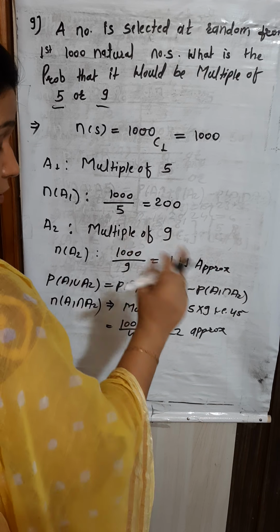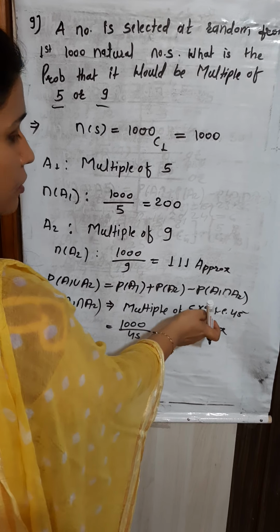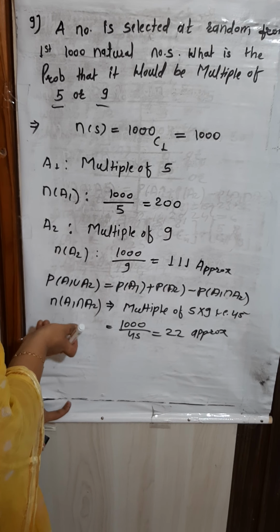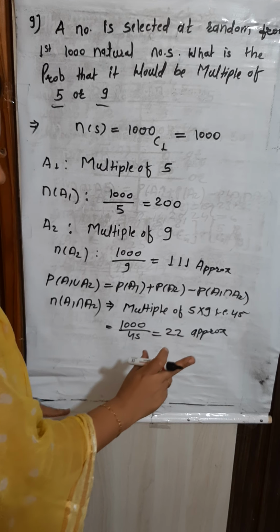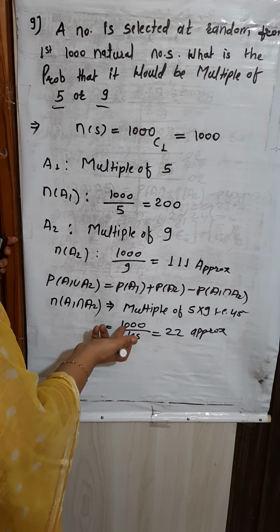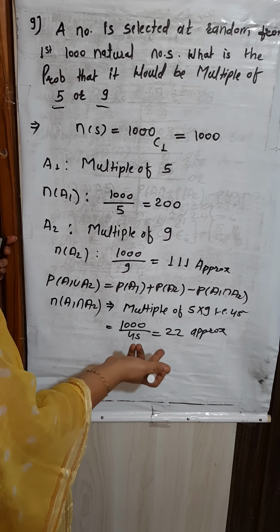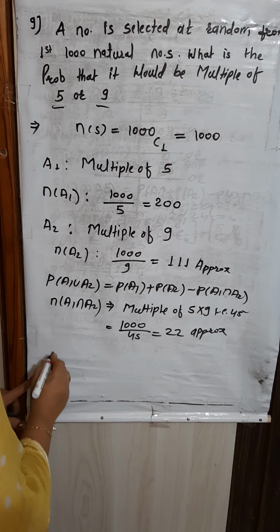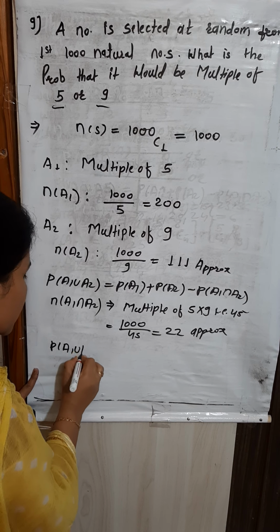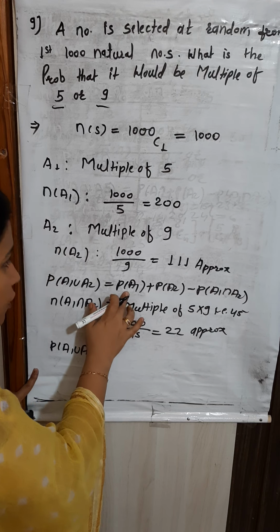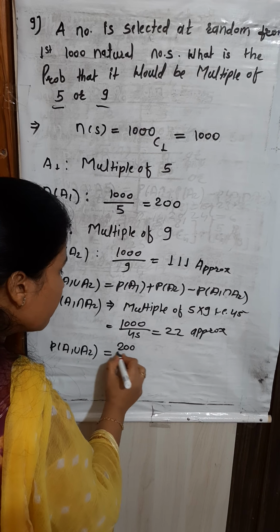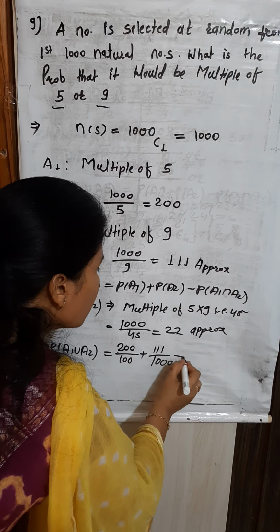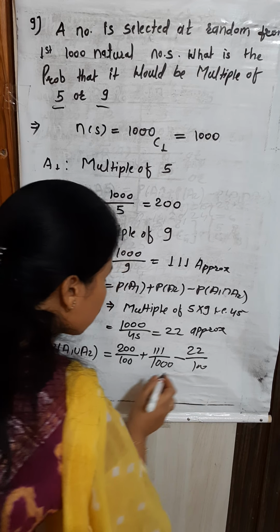The multiples of 5 are 200, the multiples of 9 are 111, but A1 intersection A2 means their common multiples. That's why we took the product 5 into 9, and divided 1000 by 45 and got 22. So there are 22 common multiples of 5 and 9. Therefore, put in this formula for A1 union A2: 200 divided by 1000 plus 111 divided by 1000 minus 22 divided by 1000.